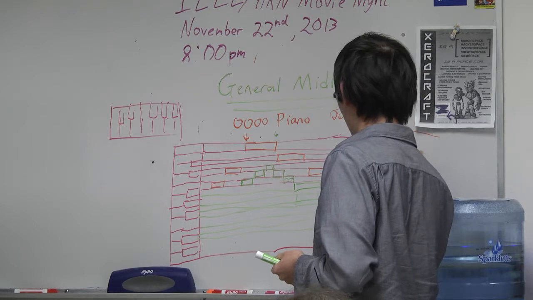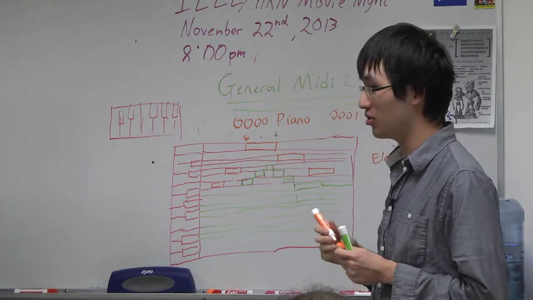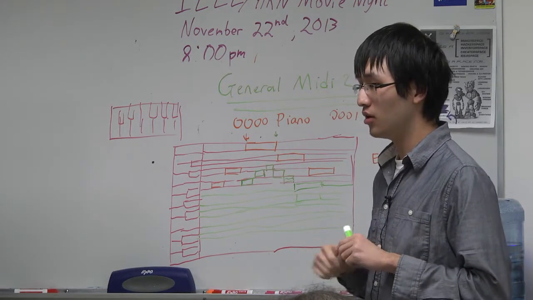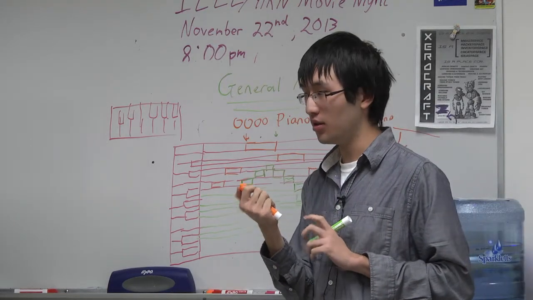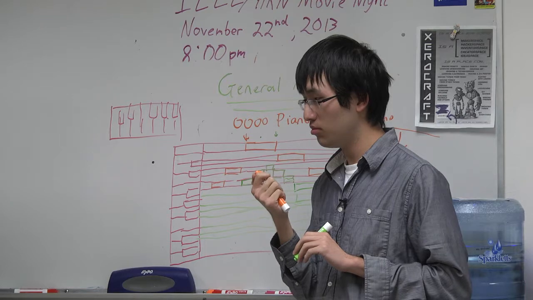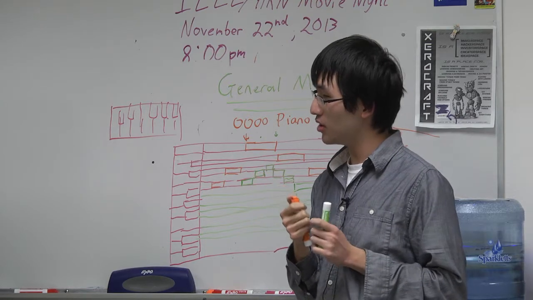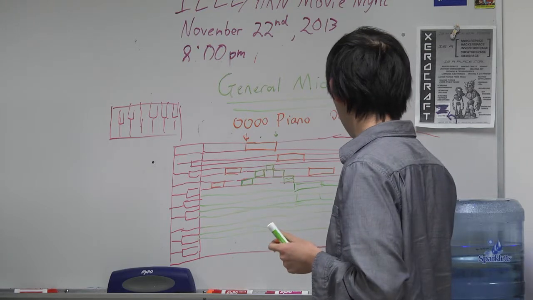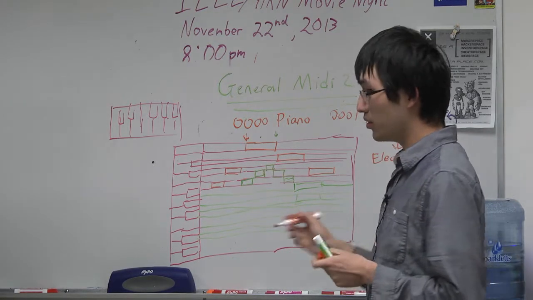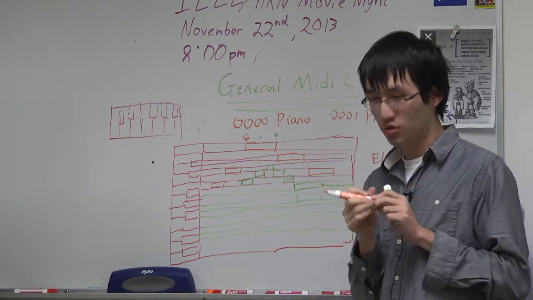I can show you guys later on. Electric piano, and then you go to harpsichord. So basically, all the keyed percussion instruments come first. And then I think guitar comes next, then strings, but I'm not entirely sure. It's divided into sections, and they have more than just individual instruments.